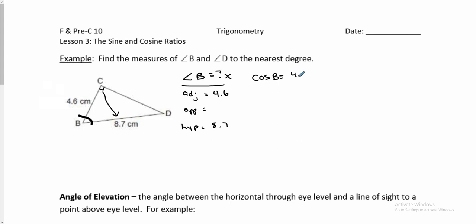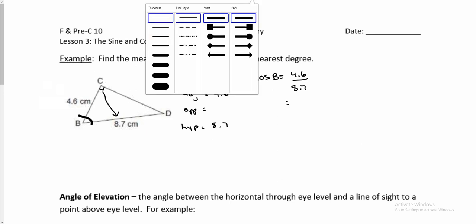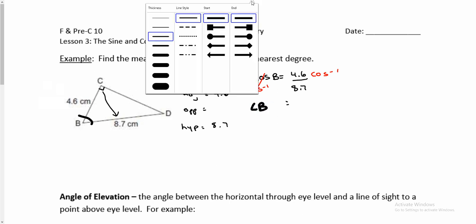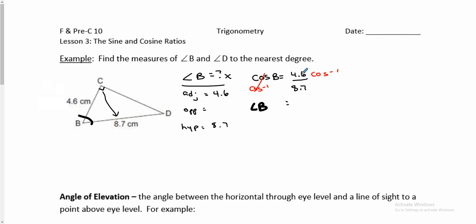So 4.6 over 8.7. Step 1 first is we can do our cos inverse, which will leave us with angle B is equal to cos inverse of 4.6 divided by 8.7.